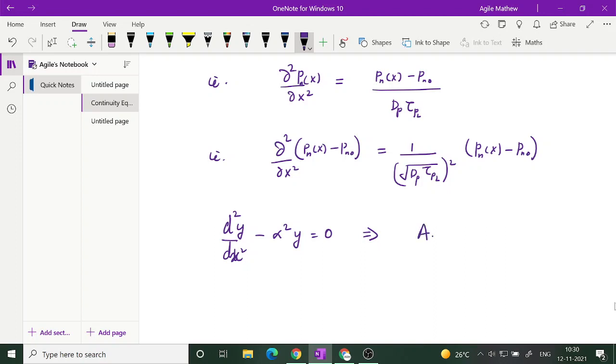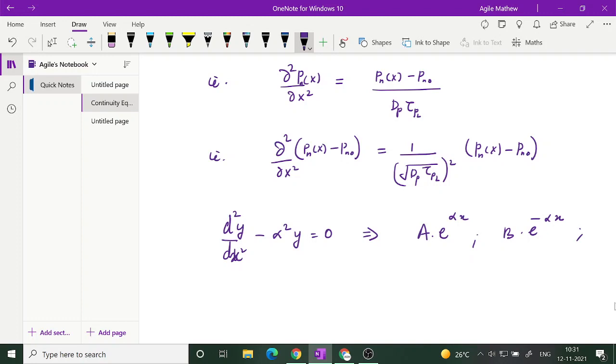Okay, if you are not familiar, I'll write it down. It will be a into e raised to alpha x as one solution, and another solution is b into e raised to minus alpha x.